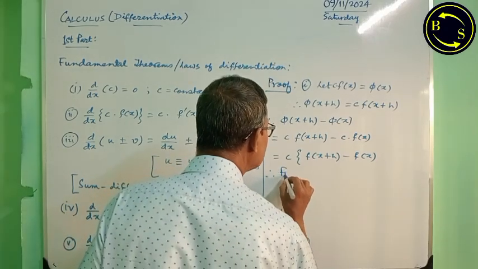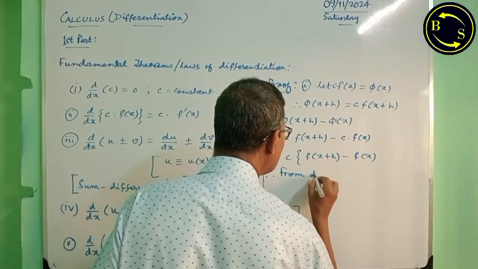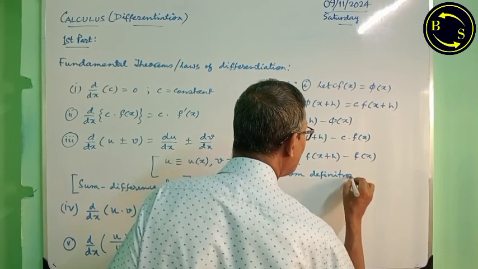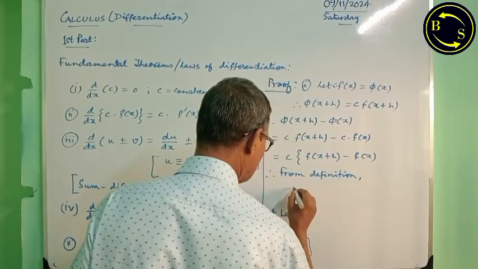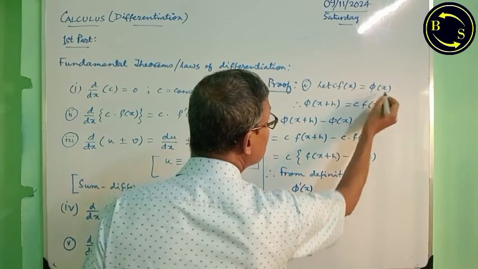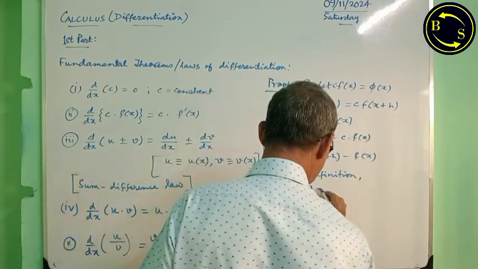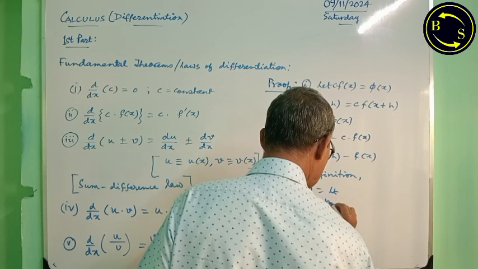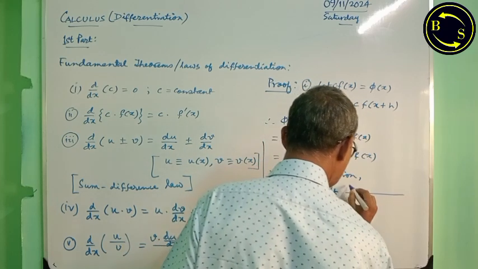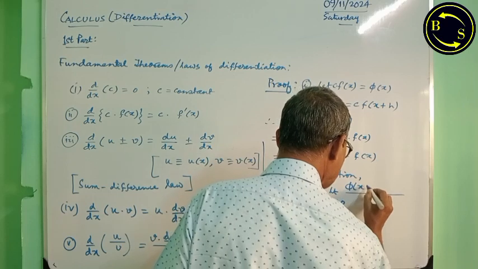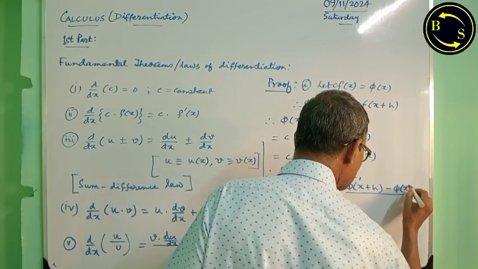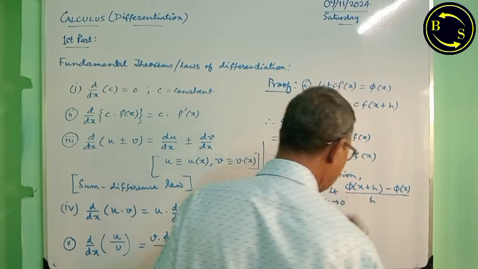Therefore from definition phi'(x), I have taken phi(x), is equal to limit h tends to 0 of (phi(x plus h) minus phi(x)) divided by h.